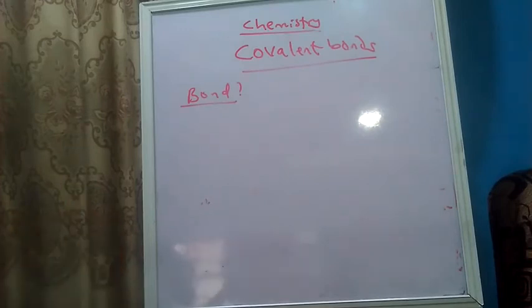Now, the reason why a bond should exist in nature is simply because every atom wants to attain its lowest possible energy. Most atoms are unstable in nature. As a result, they have to combine with other atoms so that they can achieve stability.